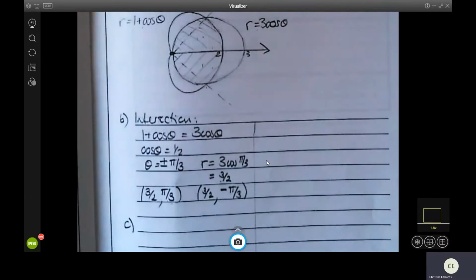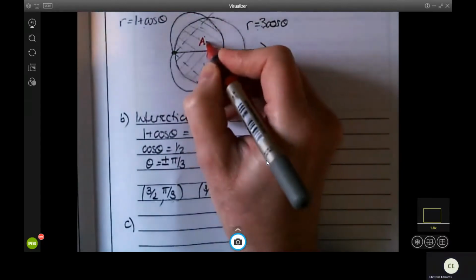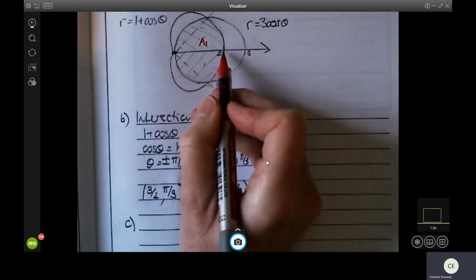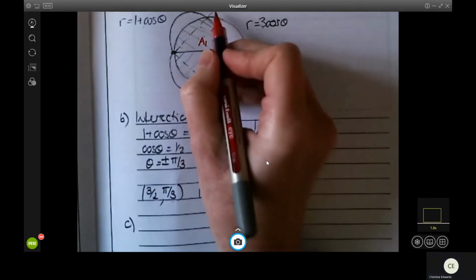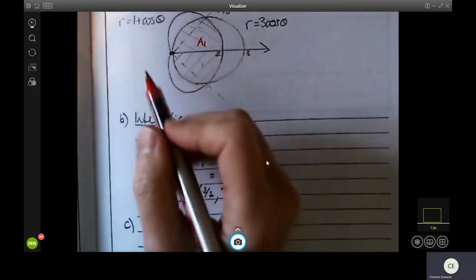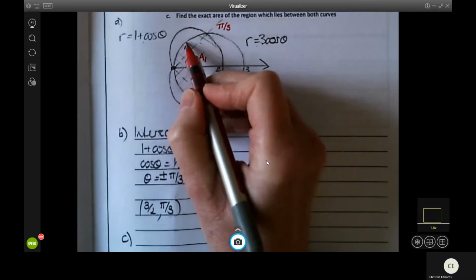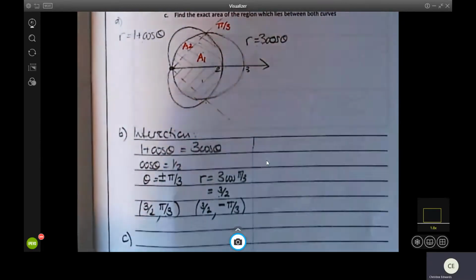We should call this area here A1, and that's the area between the initial line and this line here. I now know the angle here is pi over 3. And we'll call the area above the line area 2. So to begin with, I'm going to work out the area of area 1.